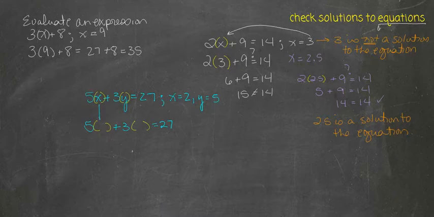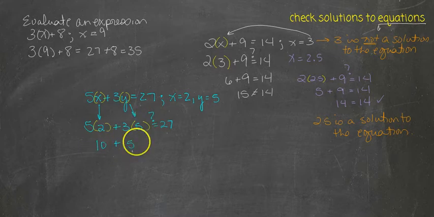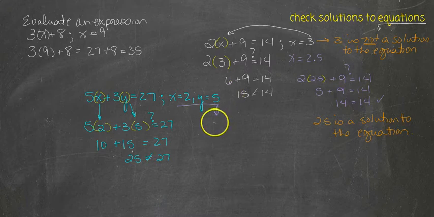So now, instead of an x, I want to plug in the equivalent value of 2. And instead of y, I'm going to plug in the equivalent value of 5. And I'm not sure if this is a solution, so I'm going to put a question mark. So 5 times 2 is 10, plus 3 times 5 is 15. Does that equal 27? I can already sort of see it does not. 25 does not equal 27. So I can say that these are not a solution.